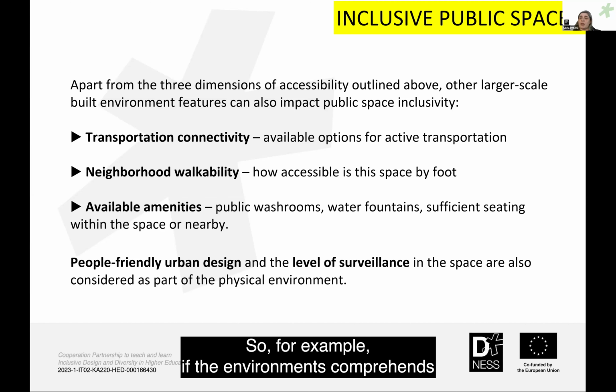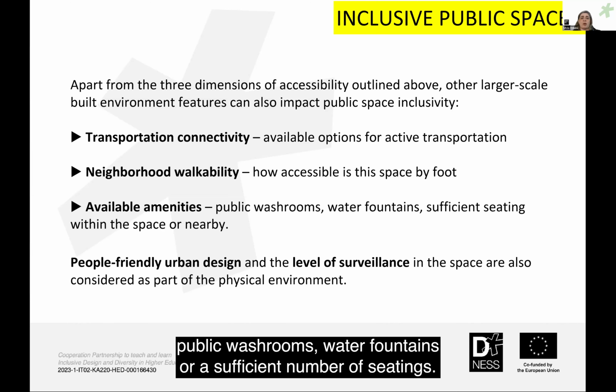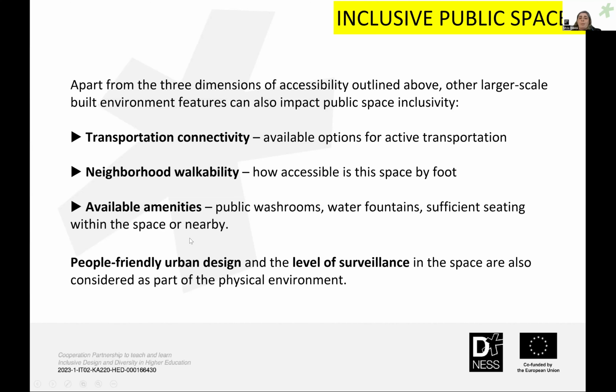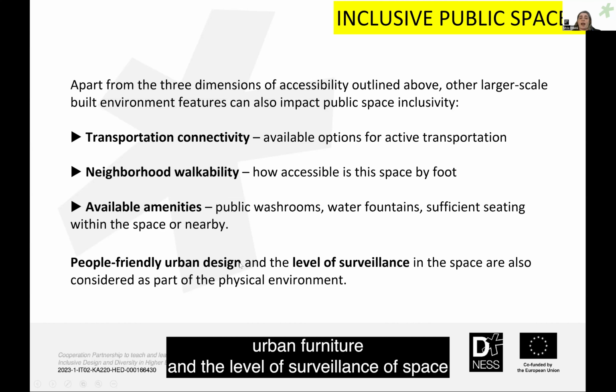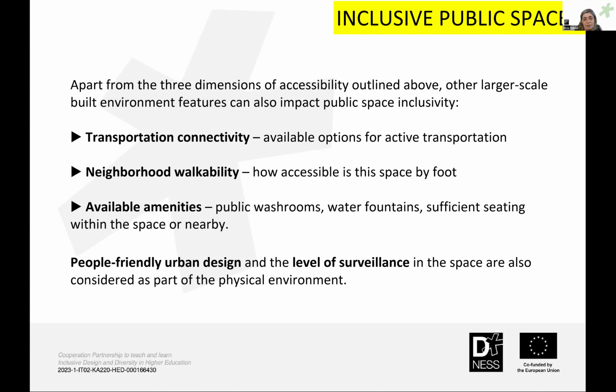So for example, if the environment comprises public washrooms, water fountains, or a sufficient number of seats. People-friendly urban design, so the shape of urban furniture and the level of surveillance of a space, are also considered part of the physical environment.